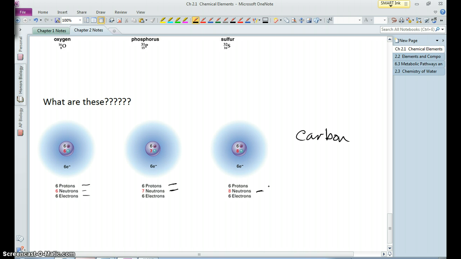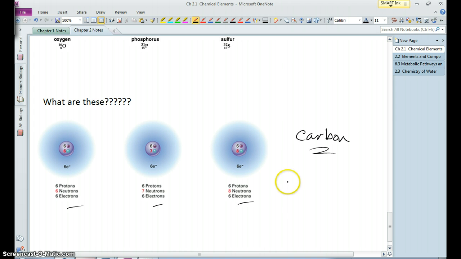What's the deal there? So all 3 of these are still carbon. But what are these guys? Well, all of them for that matter. They have different numbers of neutrons. So when you have atoms that are the same element, but they have different versions, that is, different numbers of neutrons, do you recall what these things are called?